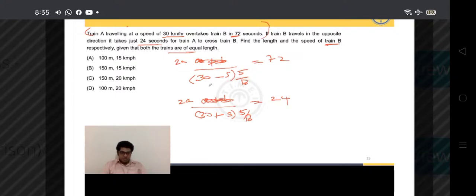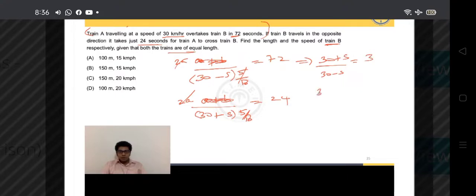Now, if I just divide both the equations, I'll have 2A as 72 times the product, so 5 by 18. So if I just equate, either divide or equate. In this case, when I divide both, 5 by 18, 5 by 18 will cancel. 1 by 2A will cancel. 1 by 30 minus S divided by 1 by 30 plus S, which will give me 30 plus S divided by 30 minus S equals 72 divided by 24, which is 3.